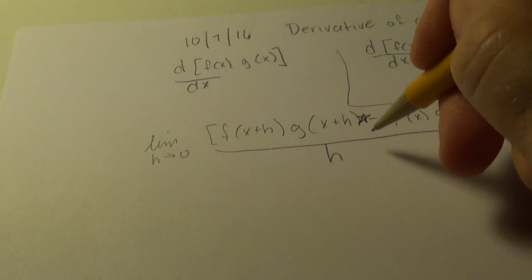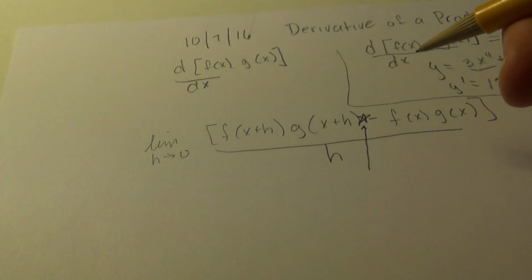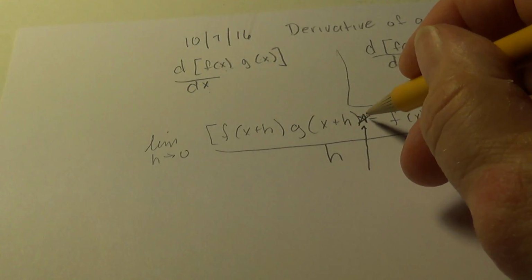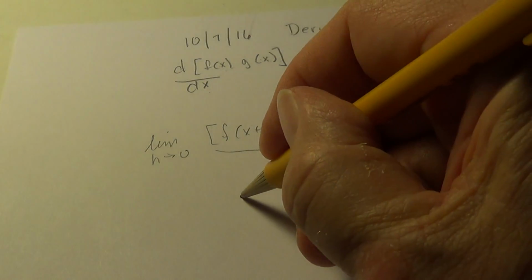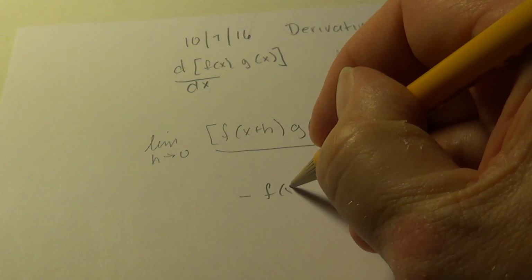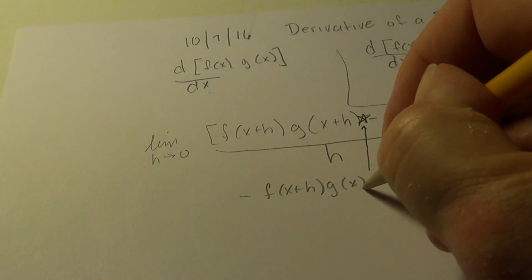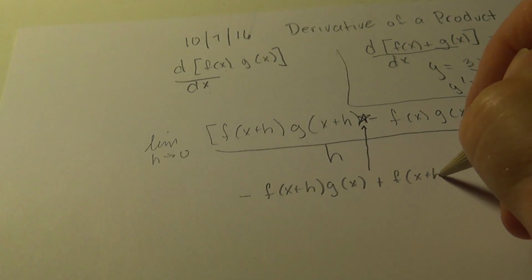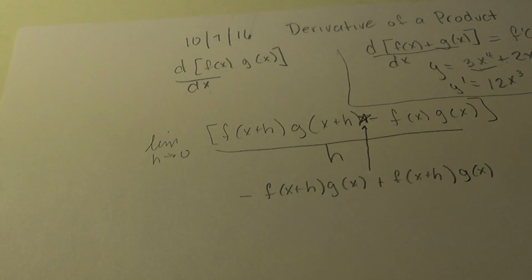So what someone thought of, I don't know who it was, someone discovered that if you replace that in that spot right there, if you put in this expression, negative f of x plus h times g of x plus f of x plus h times g of x, something grand happens.